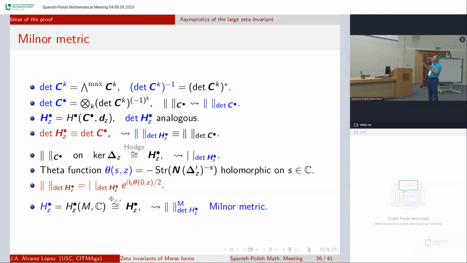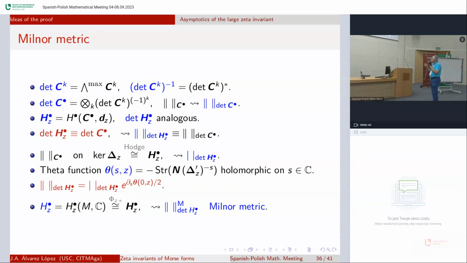So the norm of the determinant I have defined first is equal to the second norm times the exponential of the derivative with respect to s of the theta function at s equal to 0, divided by 2. This can be proved.